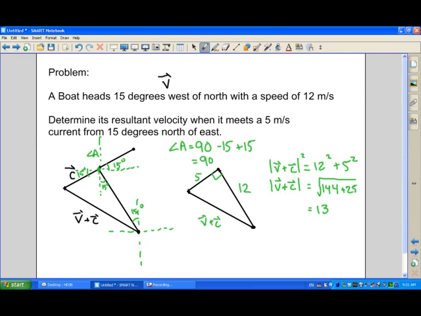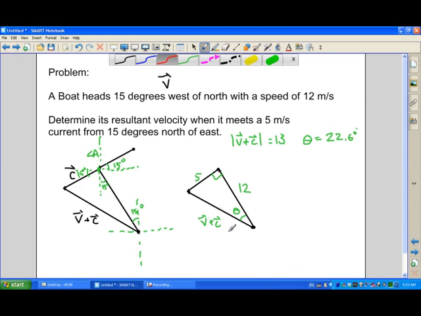I also need to find its direction, so I can find this angle, theta, by using some trigonometry. I'm going to use the tangent ratio, so the tangent of angle theta is equal to 5 over 12, which means that theta will be the inverse tangent of 5 over 12. If you plug this into your calculator, that works out to about 22.6 degrees.